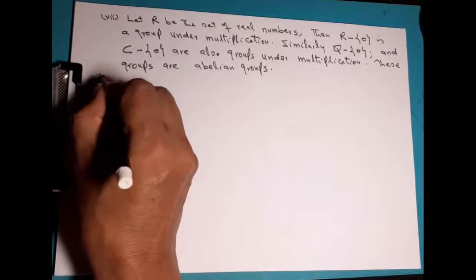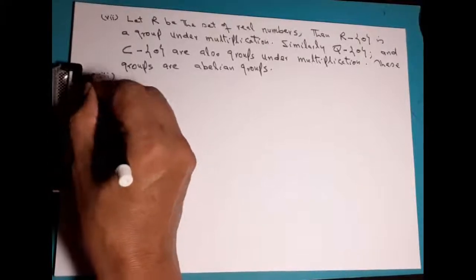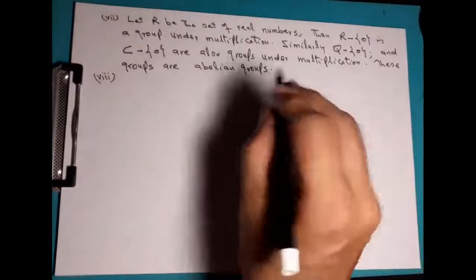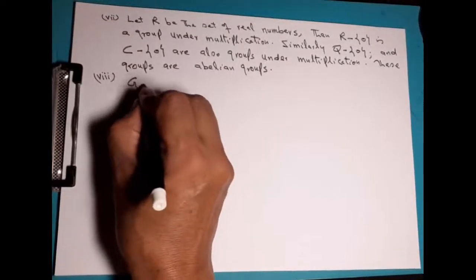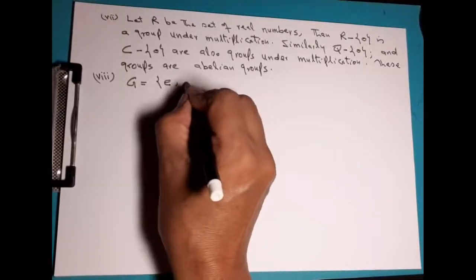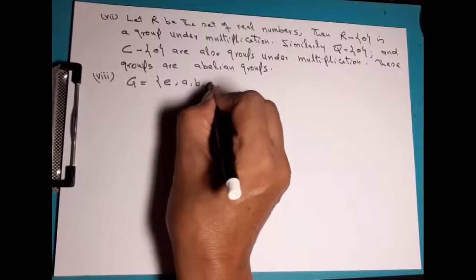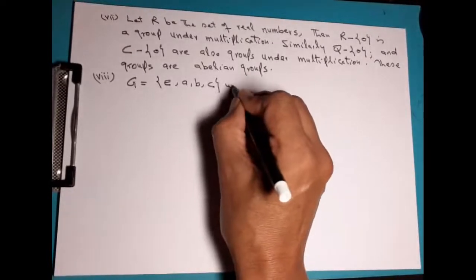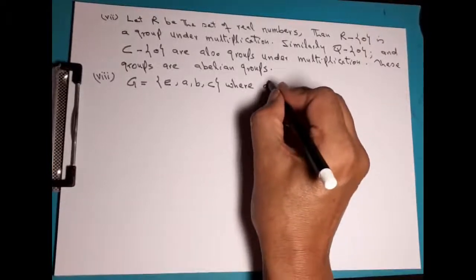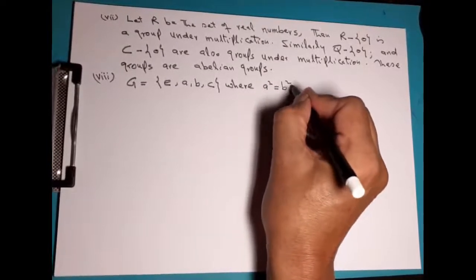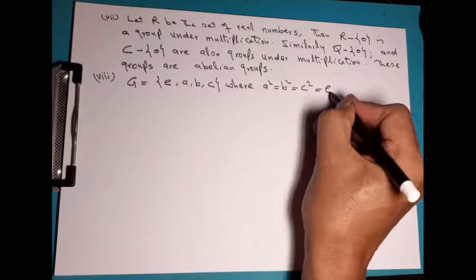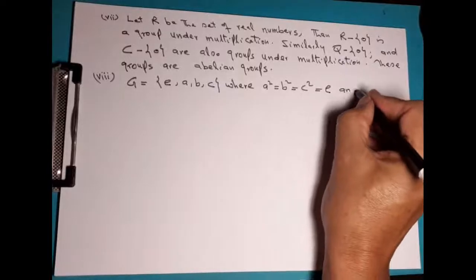So our next example, you know it very well, that is the Klein 4 group. So G consisting of 4 elements, E, A, B, C, where A square is equal to B square is equal to C square is equal to E, and E is the identity element.